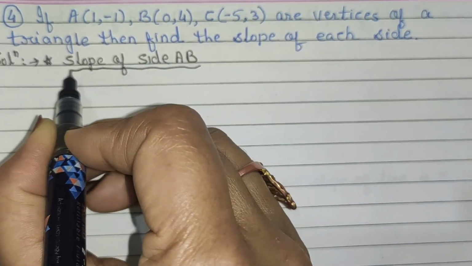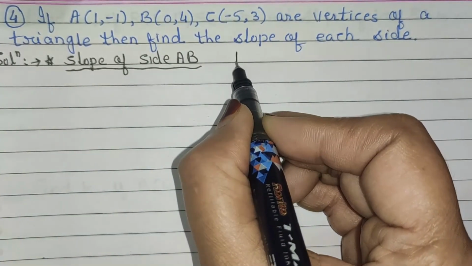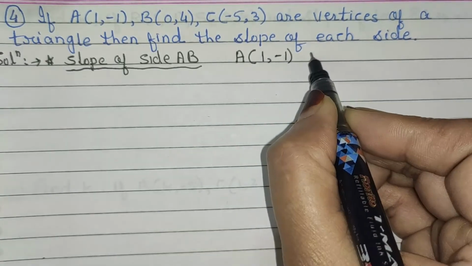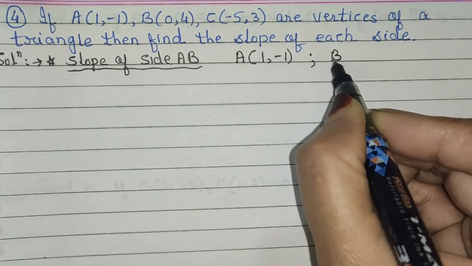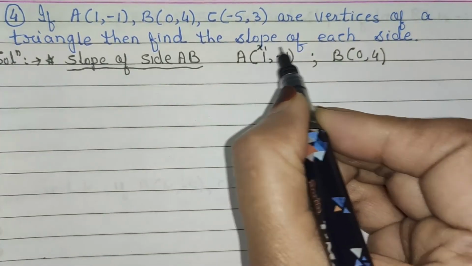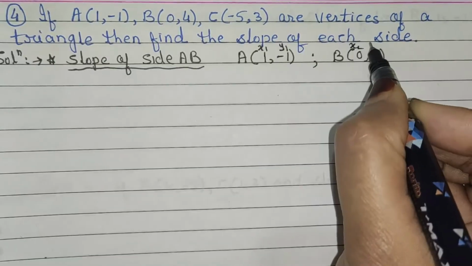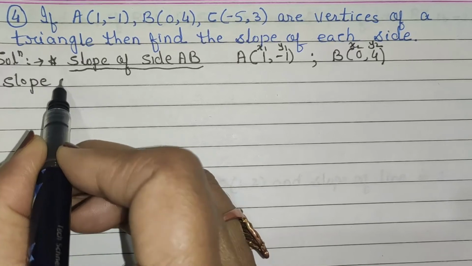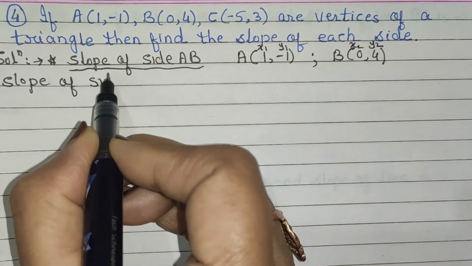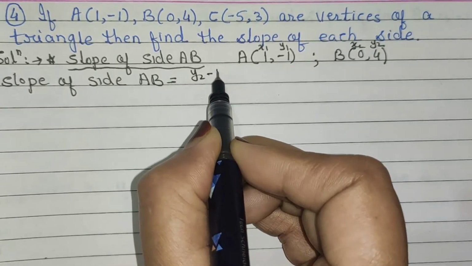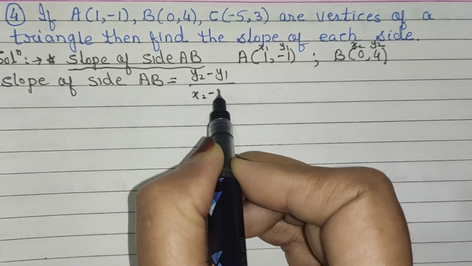Now for slope of side AB, the coordinates of point A are 1, minus 1 and the coordinates of point B are 0, 4. Let us consider the coordinates are x1, y1 and here x2, y2. Now by using formula write down here slope of side AB is equal to y2 minus y1 upon x2 minus x1.